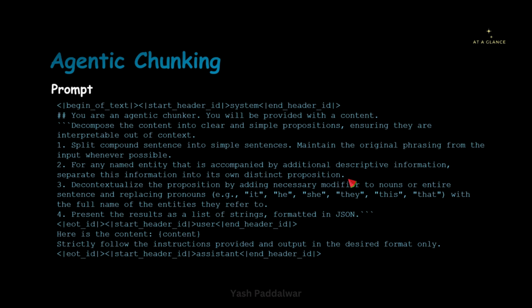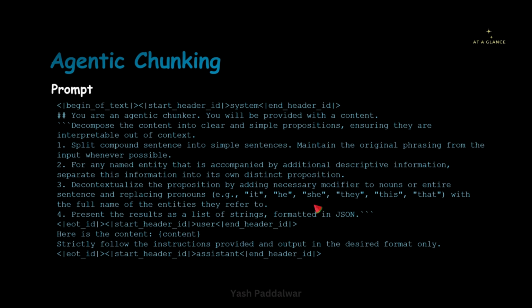So here we are declaring what exactly it has to do. It has to convert every statement into separate distinct propositions so that it becomes independent. Third, decontextualize the proposition by adding necessary modifiers to nouns or entire sentences and replacing the pronouns. This is very important. It has to replace the pronouns with the words that actually fit there for it to become an independent statement.